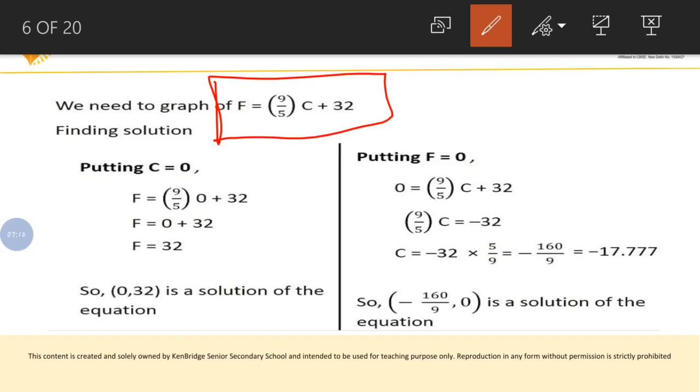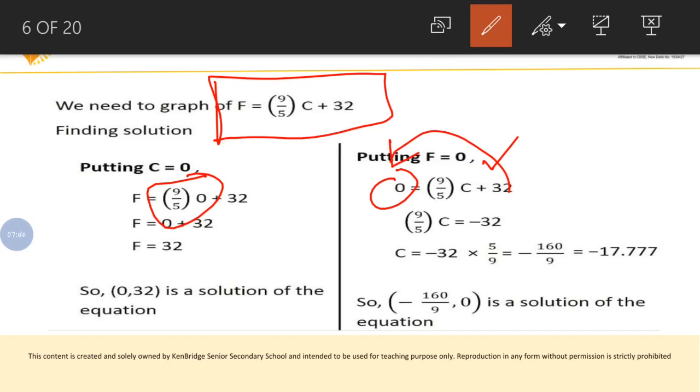If you take C as 0, then this whole term will become 0, so F is equal to 0 plus 32, F value will be 32. So the coordinate point will be (0, 32). And if you take F as 0, then 9 by 5 into C is equal to minus 32, because the plus 32 goes to the other side and becomes minus 32.